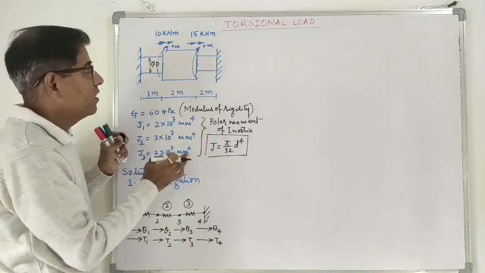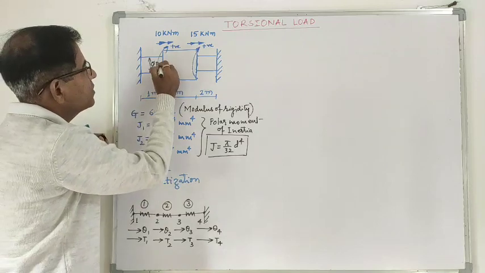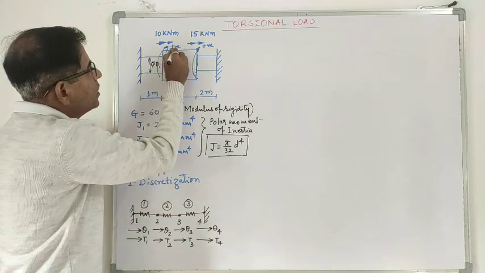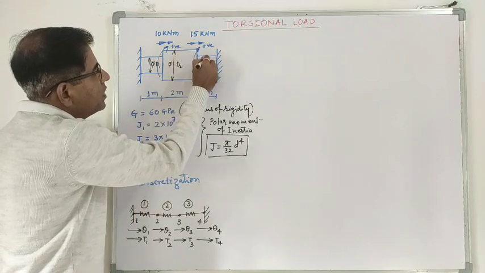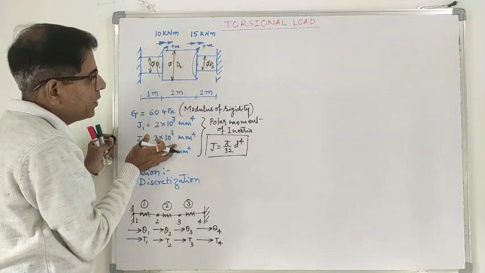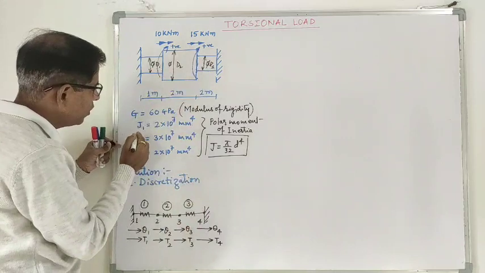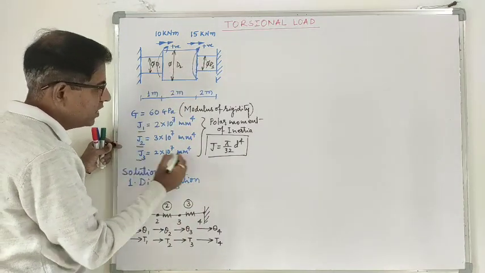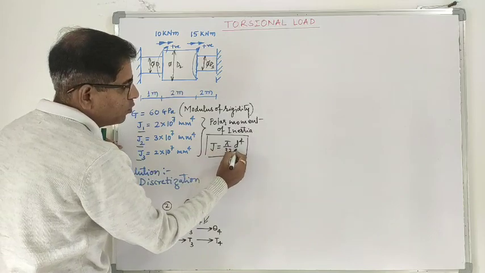If in place of polar moment of inertia the diameters D1, D2 and D3 of the steps are given, then you can easily find J1, J2 and J3 using this formula, J equals pi by 32 d to the power 4.